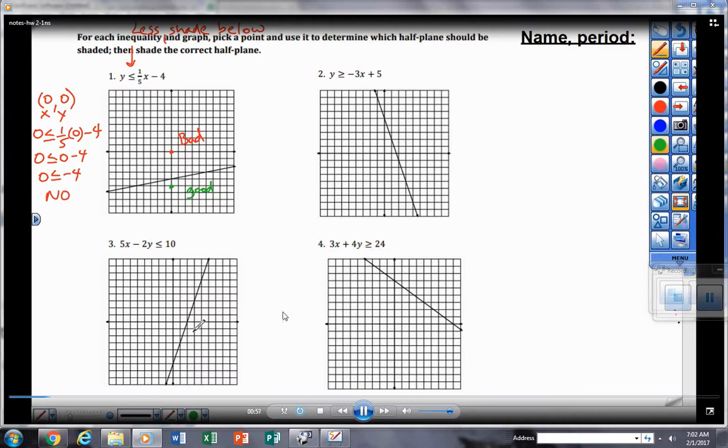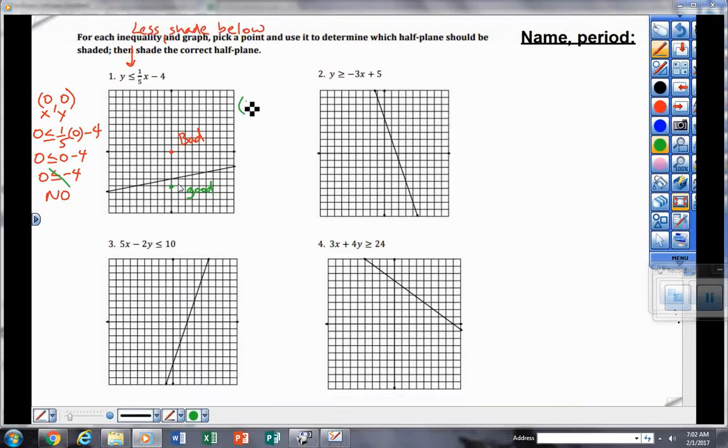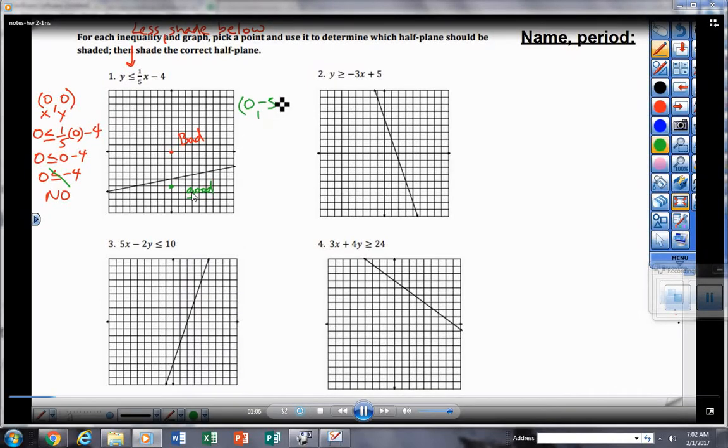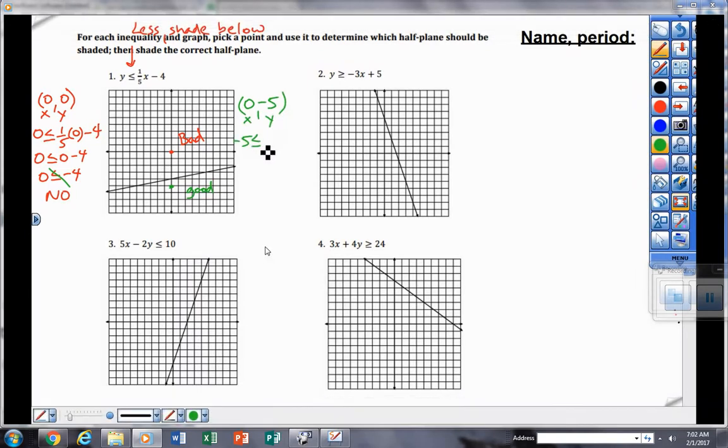When I plug in the other point, which is 0, negative 5, this one should work because again, going into this, I know it should be shaded down. So plug it in for x and y, negative 5 for y, plug in 0 for x, 1/5 times 0 is just 0.